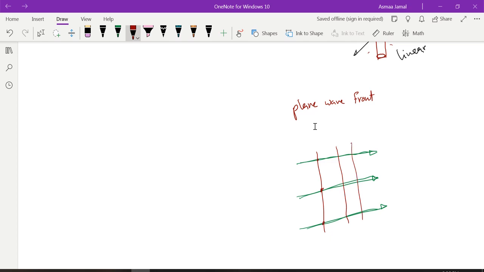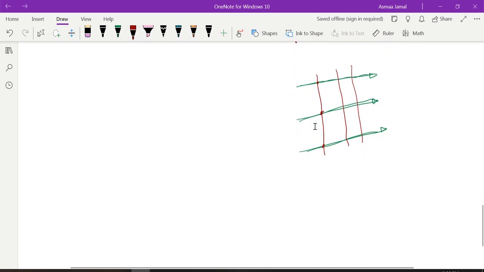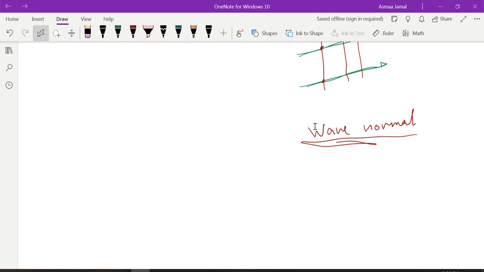Besides the wavefront, we also have something we call the wave normal. The wave normal means that when we have a wavefront, any kind of wavefront, spherical or cylindrical, and we have a perpendicular propagation of light.